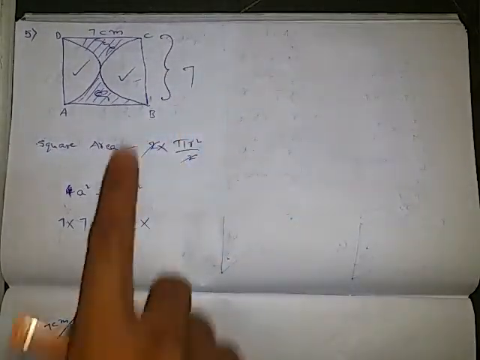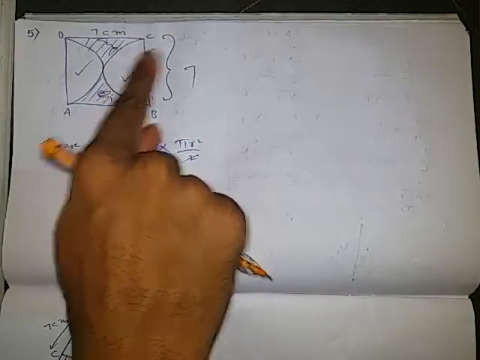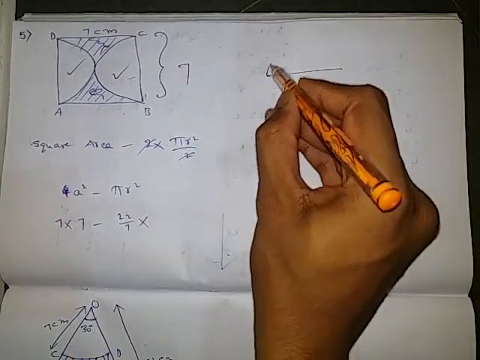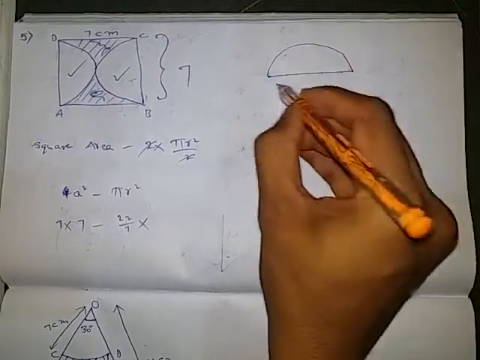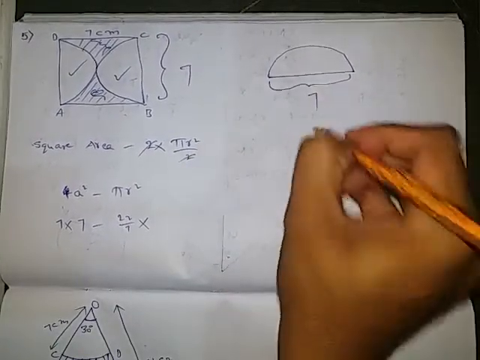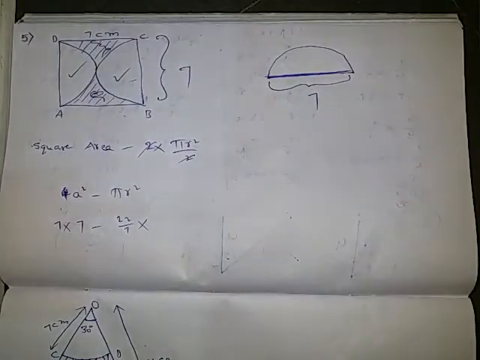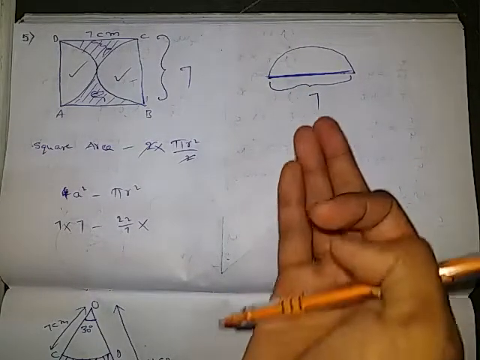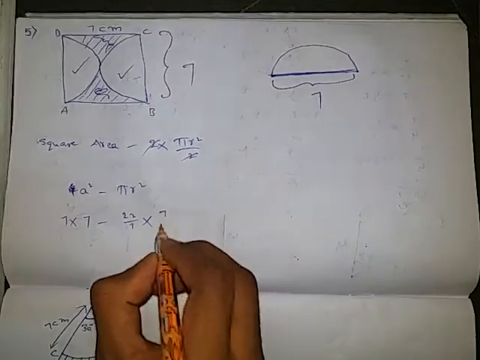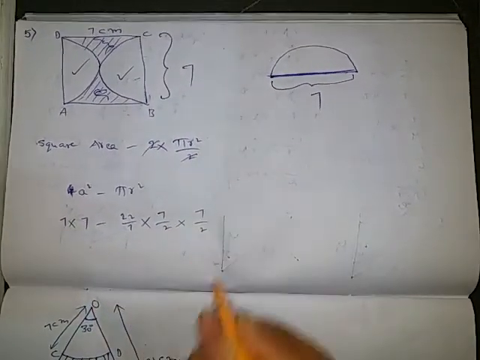Then now I am drawing this figure alone, the semicircle. So this is the measurement, we have 7. Now this 7 is nothing but the diameter of the semicircle, so the radius will be half of the diameter, that is 7 by 2 into 7 by 2.